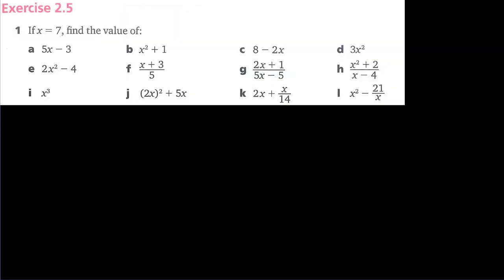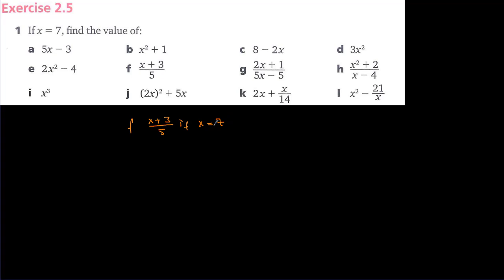Okay, if we continue with the exercises, now 5 times we are going to replace x by 7 in the expressions. So I'm going to start with the f1. F is equal to (x plus 3) over 5 if x is equal to 7.